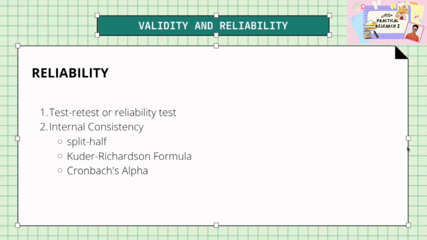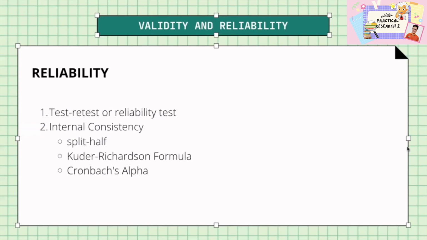Early in the morning, her weight is 55 pounds. And then in the afternoon, it became, let's say, 65 pounds. And it became 70 in the evening. So in this case, the weighing scale is not reliable since it gave different results. So that is reliability. Okay.